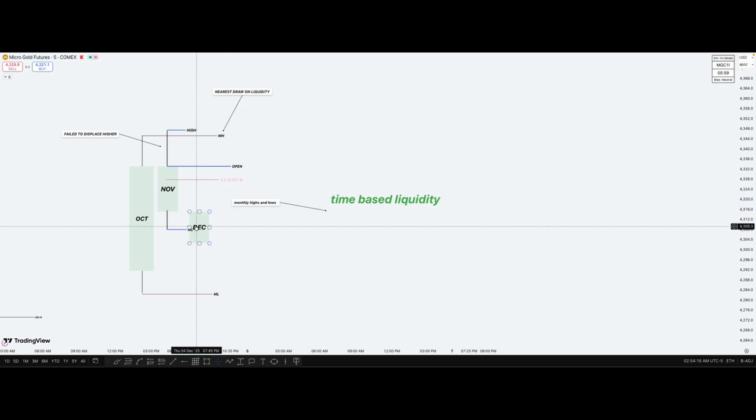So ये December candle को हम कैसे denote करेंगे?